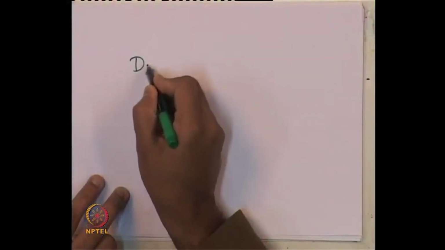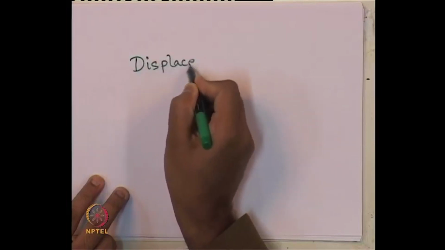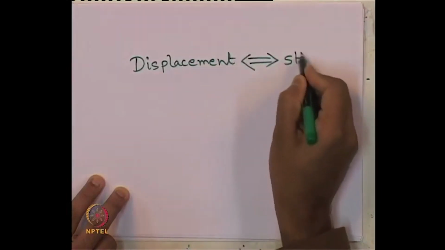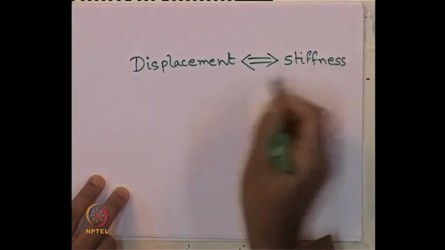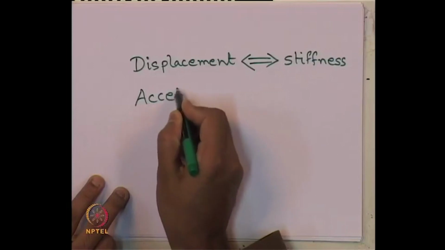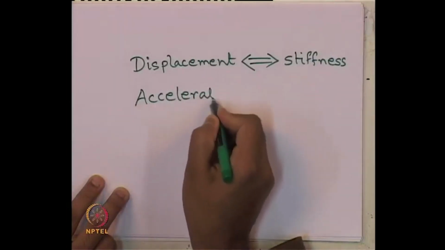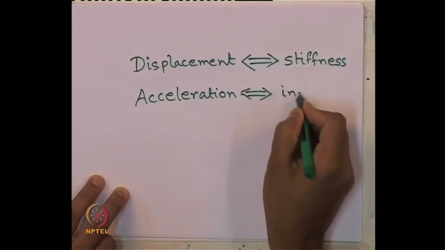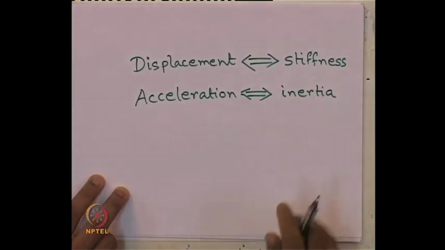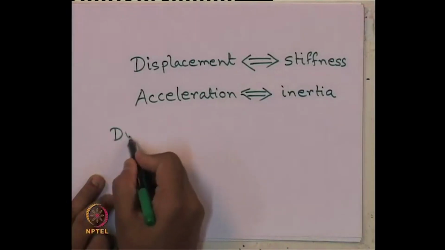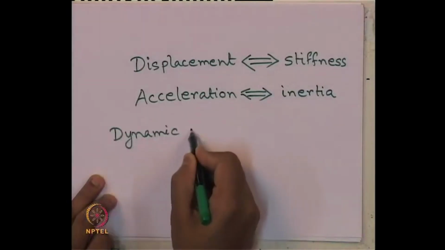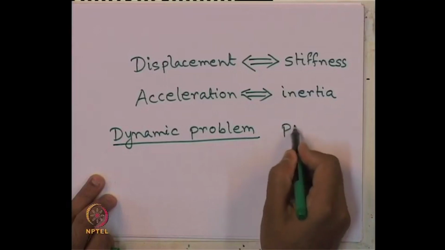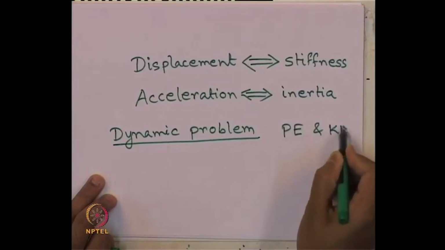So, the displacement is related to the stiffness of the material, and acceleration is related to the inertia of the body during any dynamic problem we are considering, where potential energy and kinetic energy are involved.